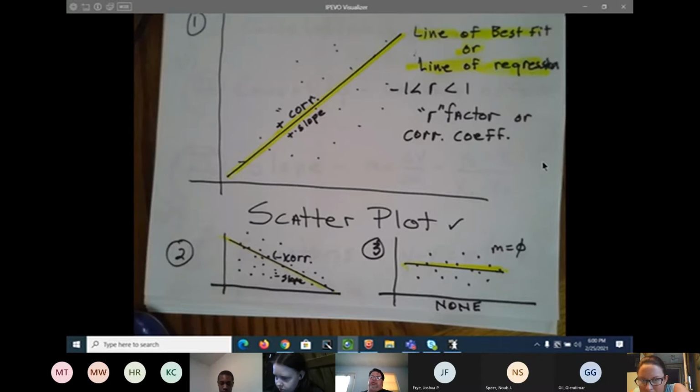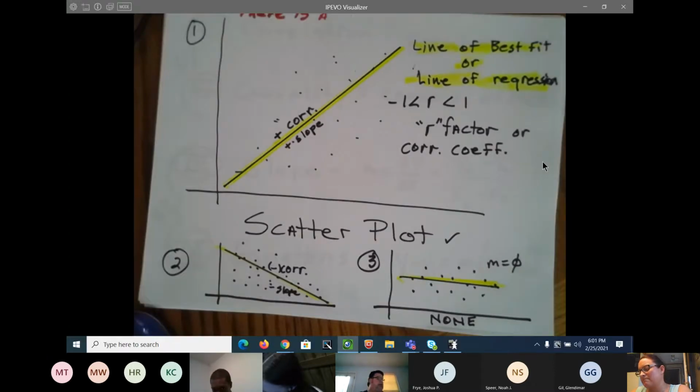Now, there is a relationship between slope and correlation. Write that down. I'm going to put it in red at the top of the page. That red's too thick. I'm going to have to get some more markers.